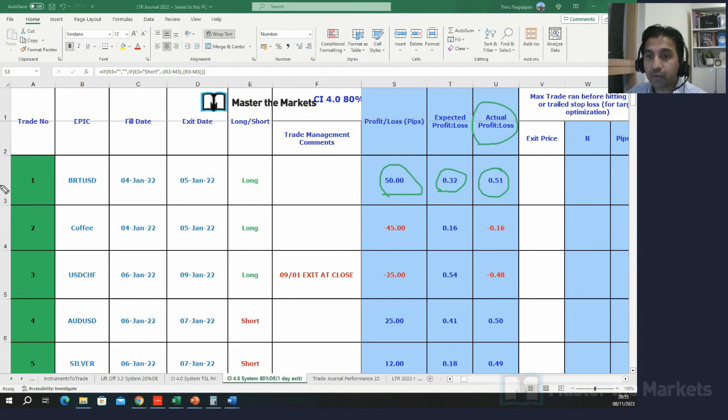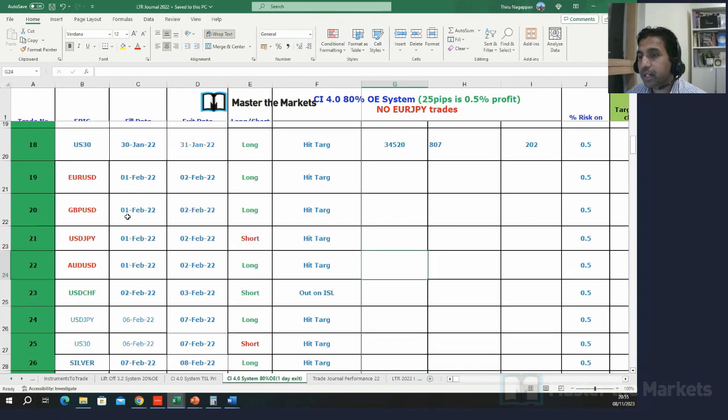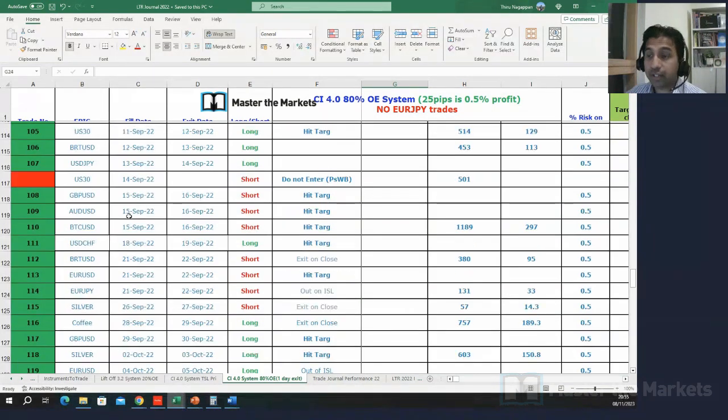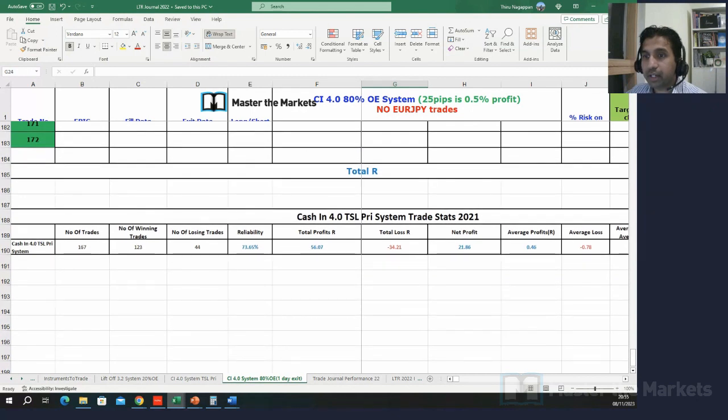Now, once you've got that, traders, then what we are really looking at is after you're collecting all of that in real time. So you scroll all the way down and you look at the summary table for that strategy, okay? And in the summary table, what you're really wanting to get is the total number of trades you took for this strategy. That's the first thing, right?